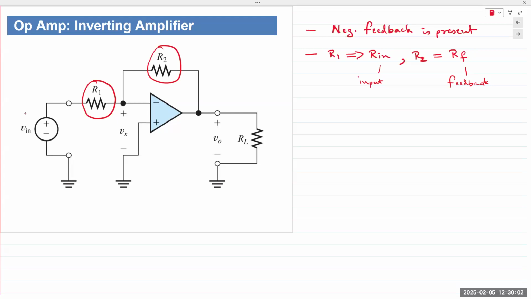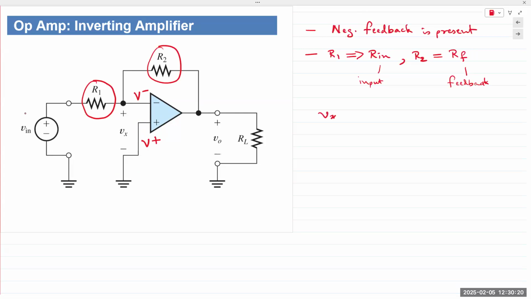So let's look at the non-inverting terminal. Non-inverting terminal goes straight to ground. This is the voltage at the inverting terminal. This is the voltage at the non-inverting terminal.